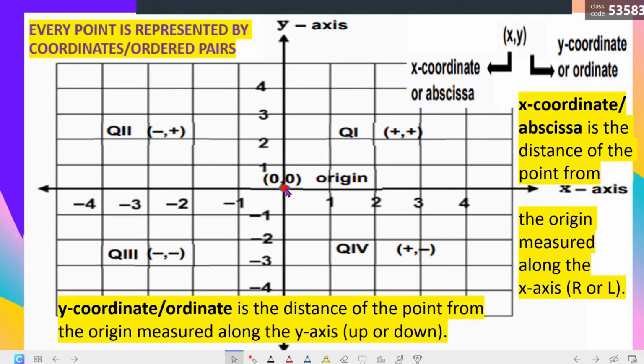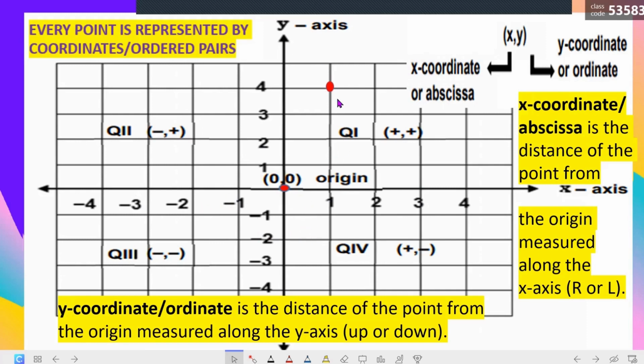So from the origin, we either move up or down. If we move up, we give a sign of positive. If we move down, then the units are given a sign of negative. Along the x-axis, if we move to the right, we have positive values. And going to the left, we have negative values. Take note of those important points.